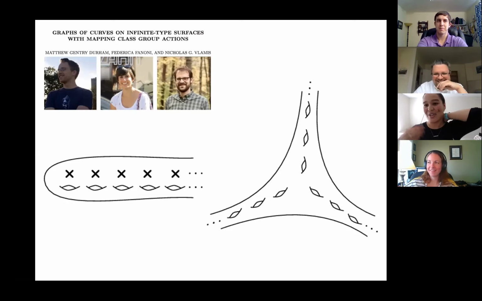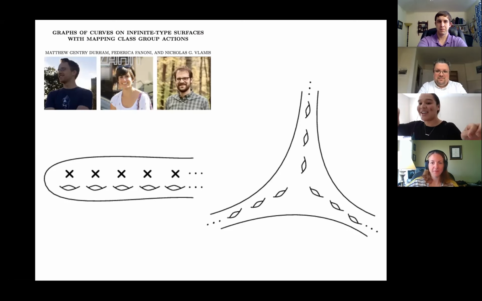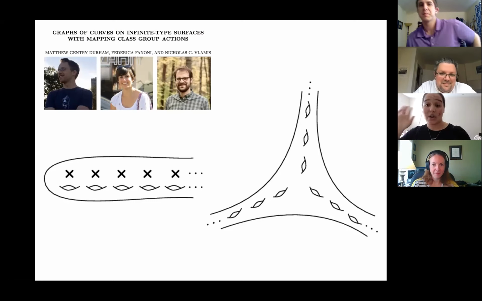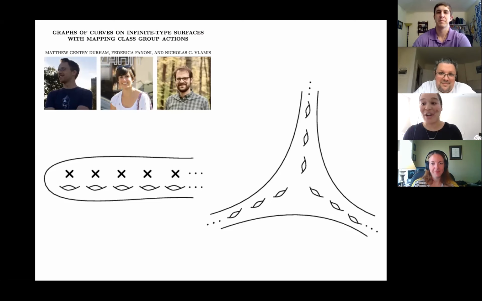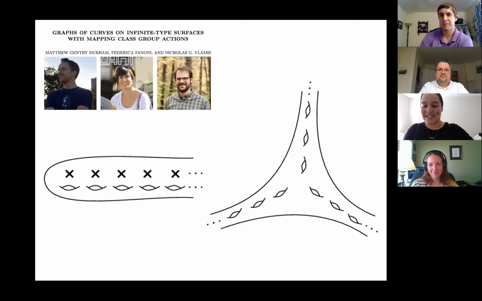I should have drawn it a little more descriptively, because if you think of those genus as each of them bumping up, you can see how it can look like a Loch Ness monster. And then you have your spots, which are your isolated punctures running out to infinity. And then on the right, we have this three-ended surface with genus running out to each end that we call the tripod. Very descriptive, because it has these three pieces.